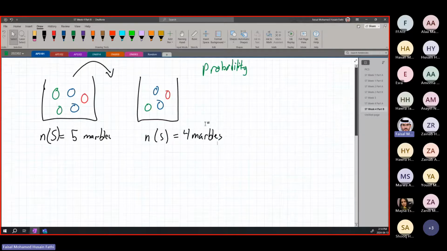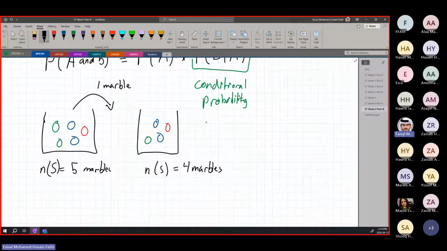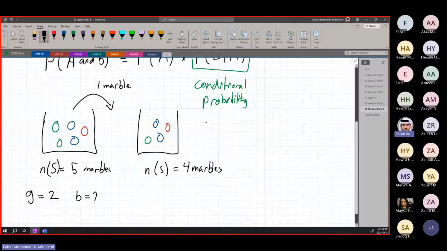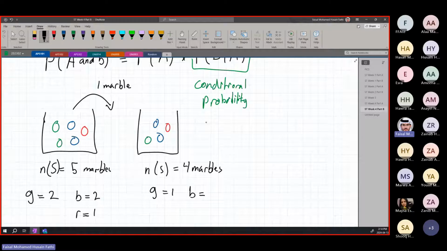Let's do the analysis of this. If we look at our original sample space, green is equal to 2, blue is equal to 2, and red is equal to 1. In this case, we have green equal to 1, blue equal to 2, and red equal to 1.